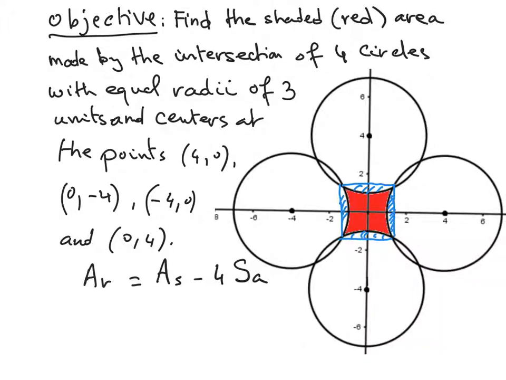If S is the side of the square, A_s is equal to S squared. SA, the small area between the arc and the side of the square, will be calculated by subtracting the area of the triangle, starting from here, here, and here, so the green triangle, from the area of the sector.